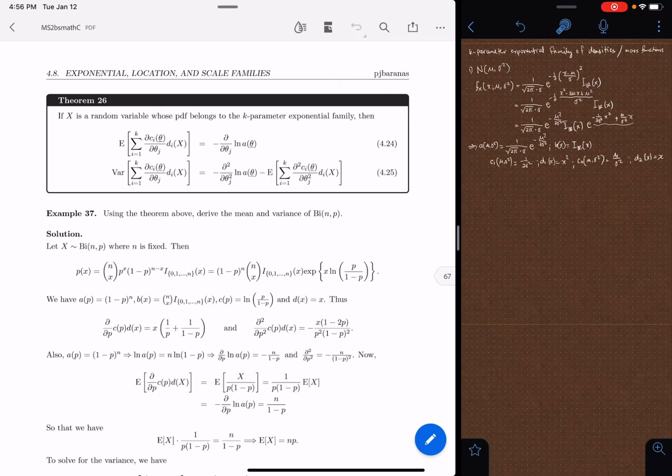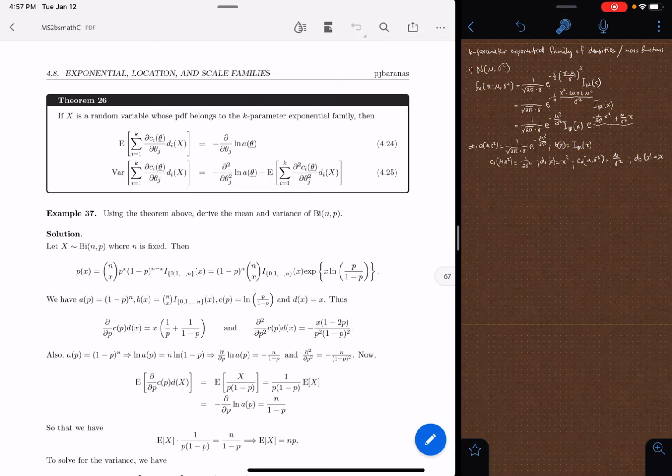While the variance of that same expression in equation 4.24 is equal to the negative of the second partial with respect to theta j of ln of a of theta, minus the expected value of the sum from 1 to k of the second partial of c_i of theta times d_i of X with respect to theta j.